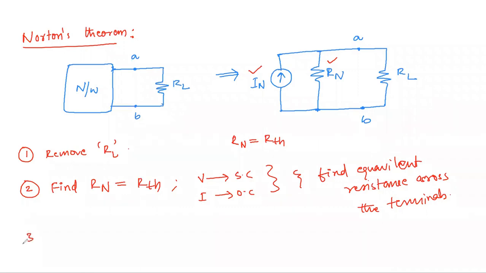Now third, and most important, you have to find the Norton current. What is this Norton current? This is what we have to discuss. Here we are removing the load resistance, so let us say there is a network and you have A and B. Previously we kept it as an open circuit and found VAB, that is the open circuit voltage.